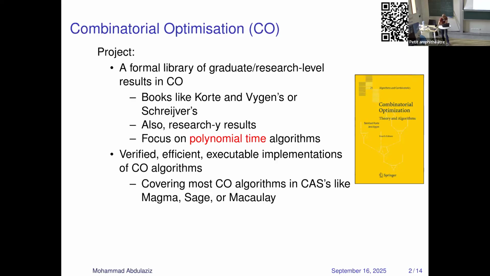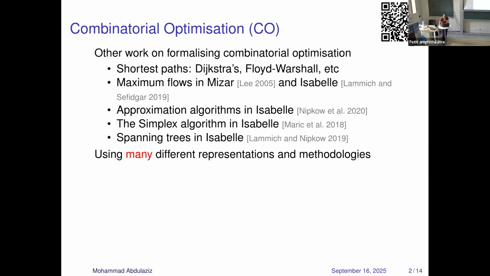In addition to having a formalization of the theory, another goal is to have a library of verified, executable and hopefully efficient implementations of combinatorial optimization algorithms. These implementations are usually in computer algebra systems. Many of those systems have algorithms for matching, flows, and matroid optimization, and so forth. So that's the second goal.